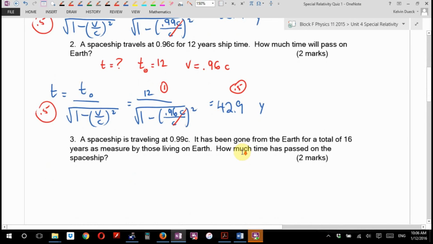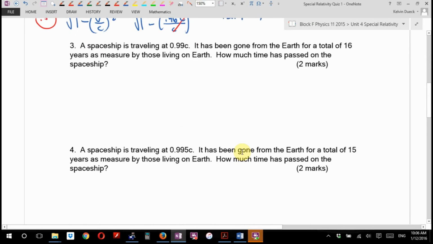I don't think number 3 is the same question. I think number 3, they're asking me to find T0. I would move the square root over to the other side by multiplying.